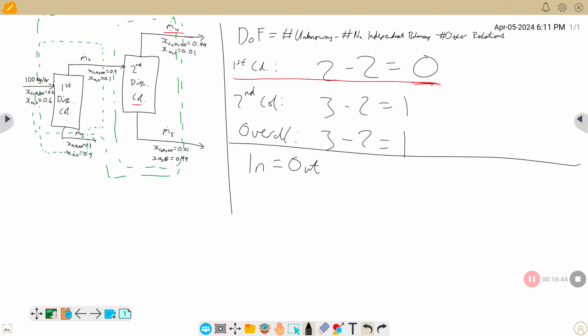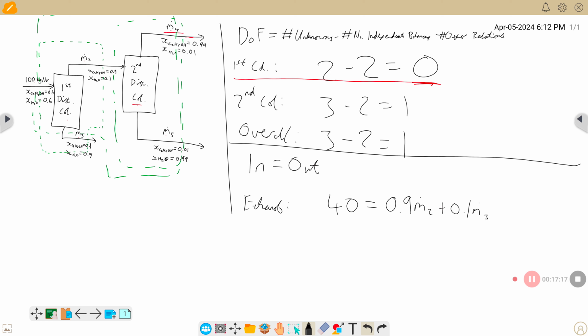So what's going in? Well, for ethanol, we can say we've got 40 kilograms, that's 40% of our 100 kilograms an hour. And then what's coming out? This is for our first distillation column, remember? That is 90% of our M2 stream and 10% of our M3 stream.